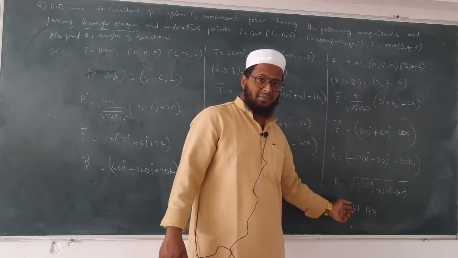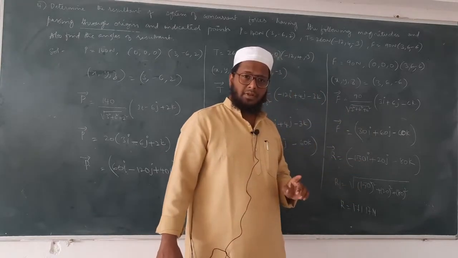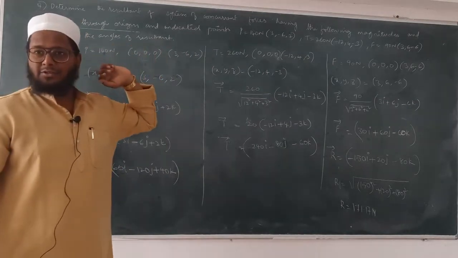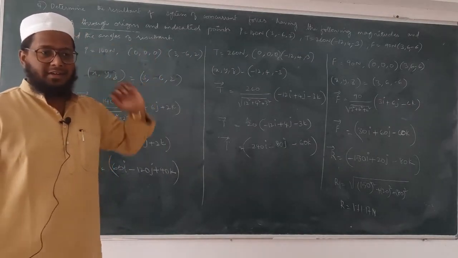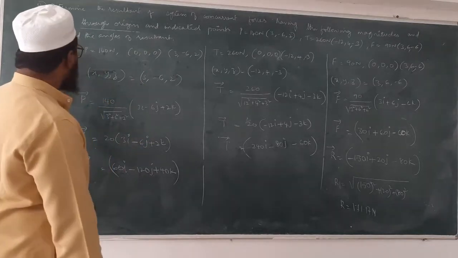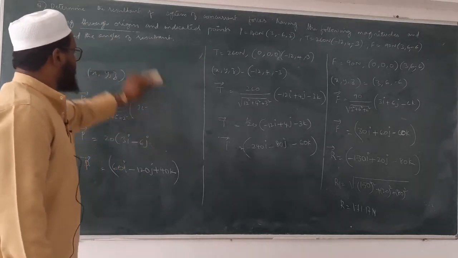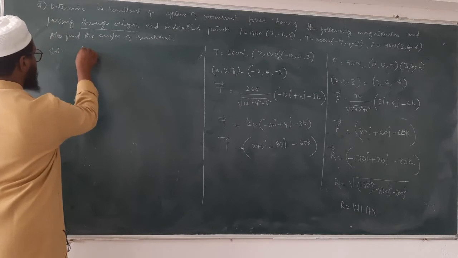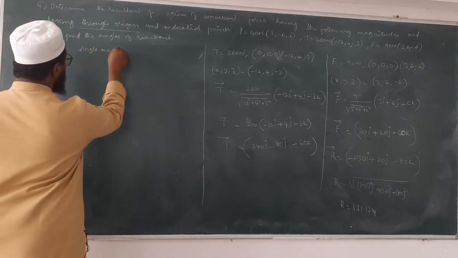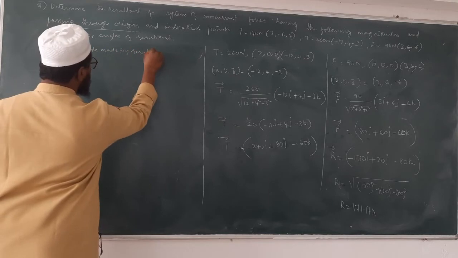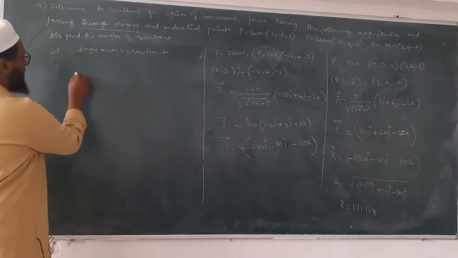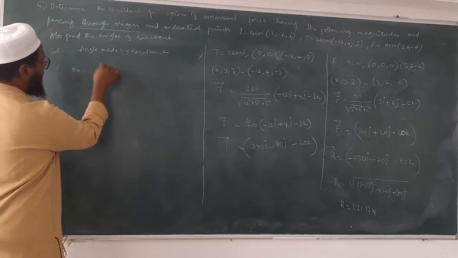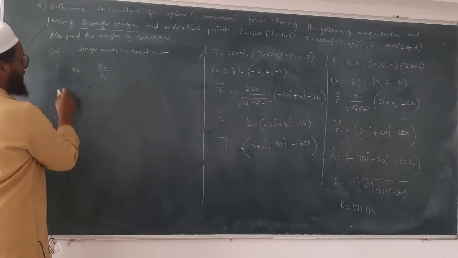Okay, so this is the resultant, and in the question they are asking us to calculate angles of the resultant also. Yes, they are asking us to calculate angle of resultant. So how to calculate angle of resultant? I will write here. Angle made by resultant is equal to, theta x: cos theta x is equal to Rx by R, right?